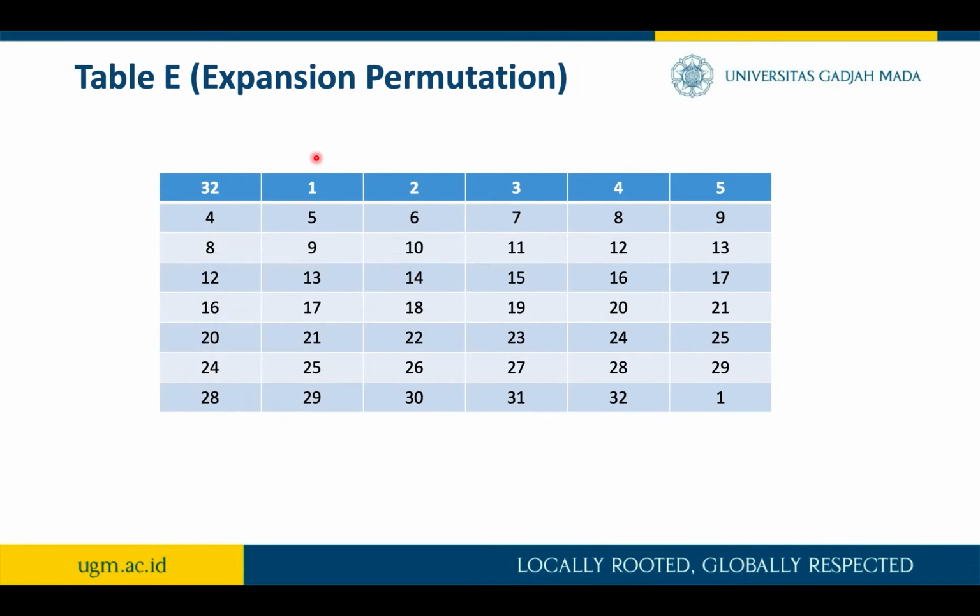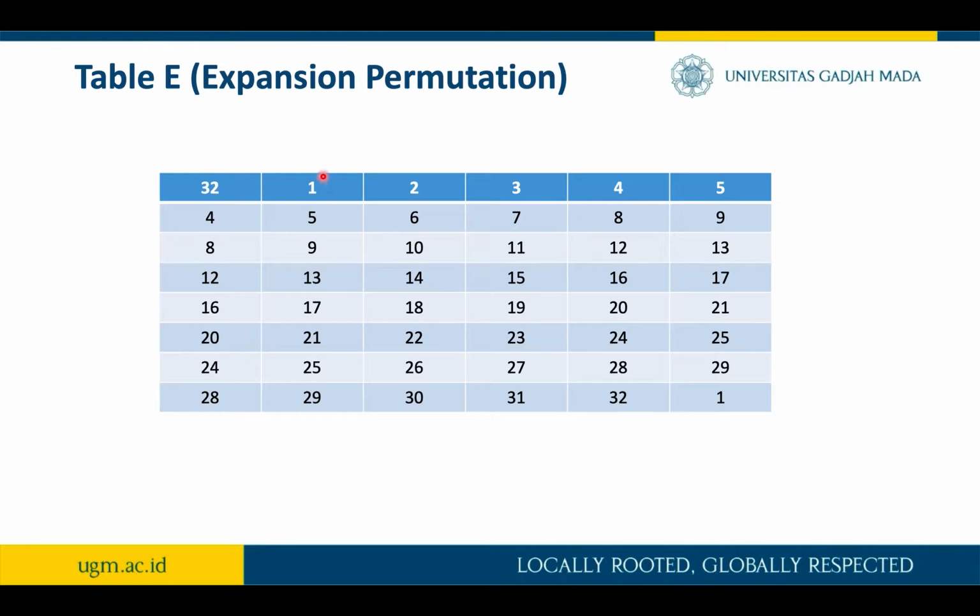Yeah, this is the expansion table E. As you can see here, since we need to produce 48 bits from 32 bits, we need to repeat several bits here. For example, the first bit appears here and appears here.